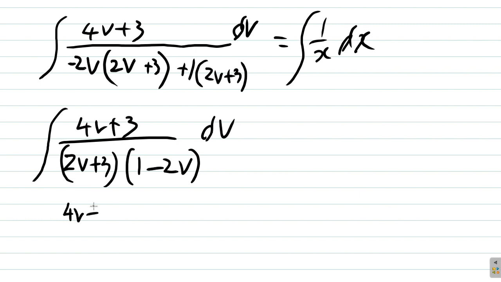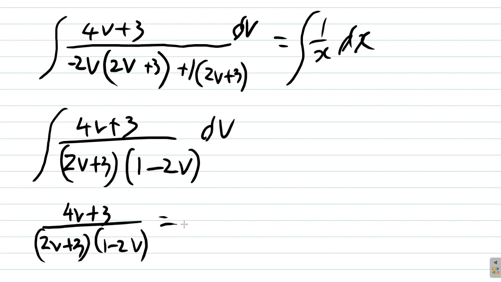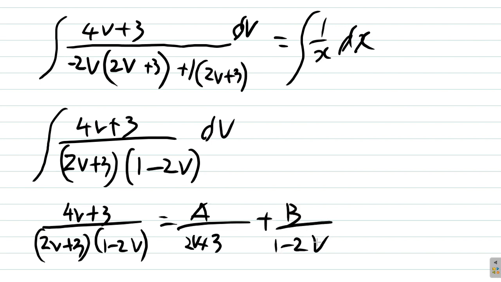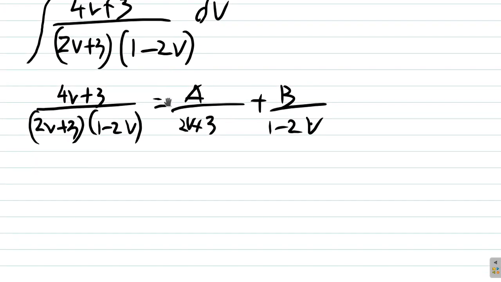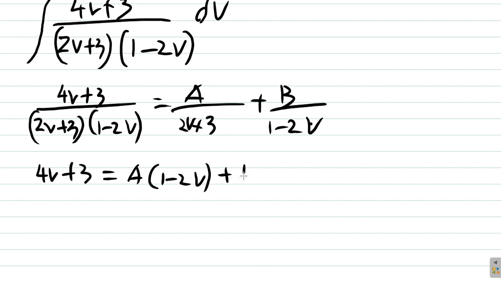So 4v plus 3 over 2v plus 3 times 1 minus 2v equal a over 2v plus 3 plus b over 1 minus 2v, right? If we multiply both sides by 2v plus 3 times 1 minus 2v, we would have 4v plus 3 equals a 1 minus 2v plus b 2v plus 3.